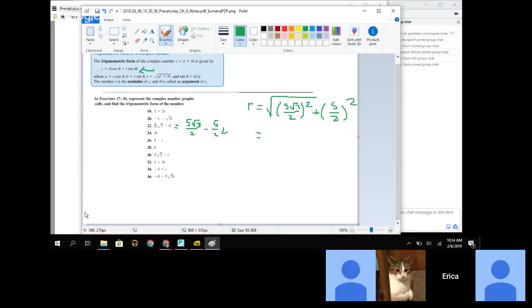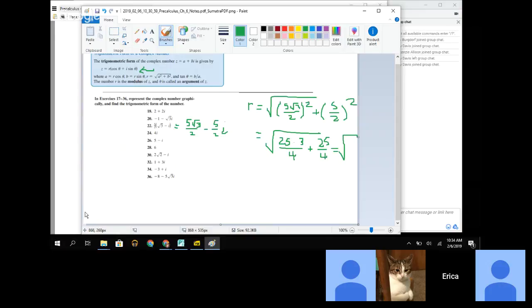Okay, I'm really inclined to just use my calculator for this, but we're going to do it. So 5 squared is 25 times 3, because square root of 3 squared is 3, over 4, right? You've got to square everything, plus 25 over 4. And how about that?